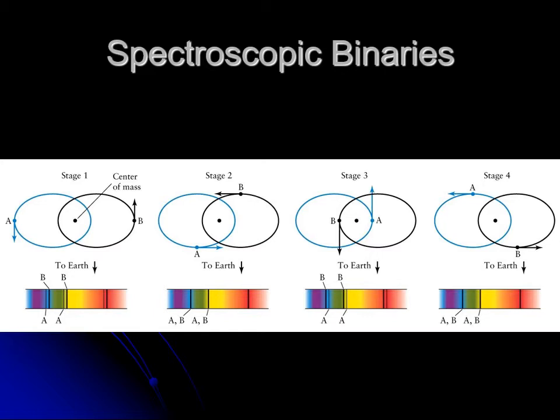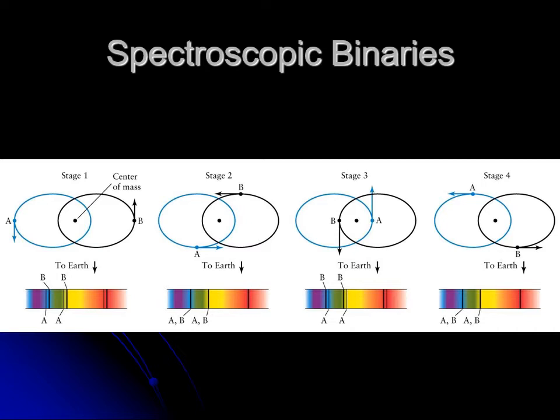In the diagram, one star's going towards you and the other going away from you. And here, the stars, again, are opposite one another, but one's going to the left and one's going to the right, so they're not going towards you or away from you. They're still opposite each other from the center of mass.